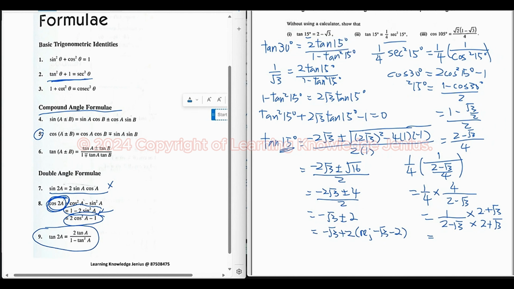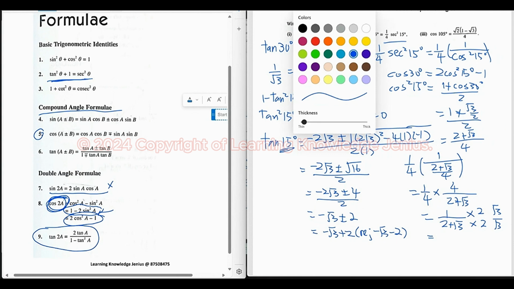It becomes a plus sign instead. So it's a plus sign here, and that's why when I rationalize, it's minus instead.